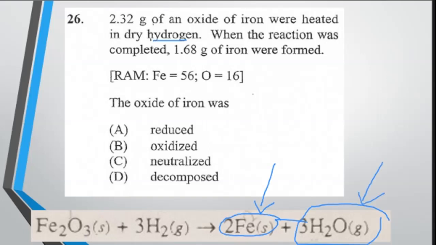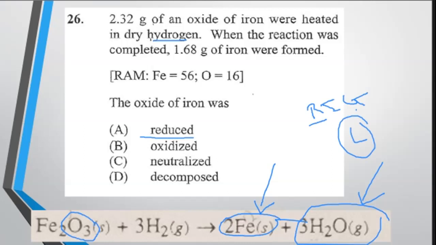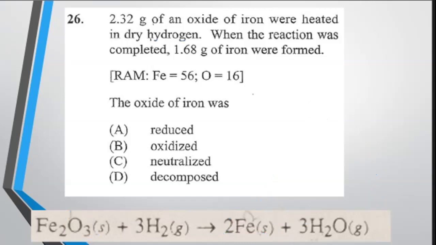The oxide of iron, Fe2O3, would give us iron as a solid here and water as a gas. So they're asking what is happening to the oxide of iron. Iron has lost oxygen. Right? Reduction is the gain in electrons or the loss of oxygen. So iron oxide has been reduced because it has lost oxygen. It went from being iron oxide to being iron.